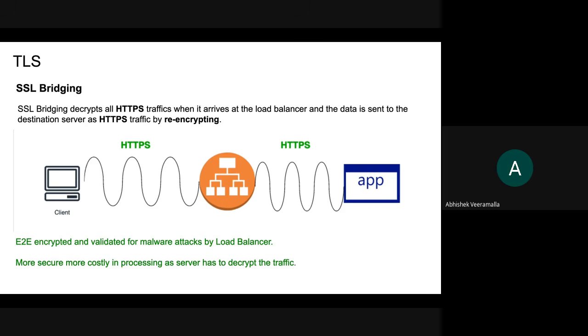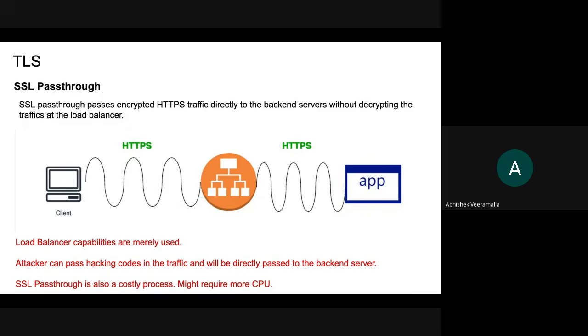So this addresses the second pain point that I addressed here. If a hacker sends a malicious request, a request with malware, in the first case, because it was passed through, it actually landed on the server.